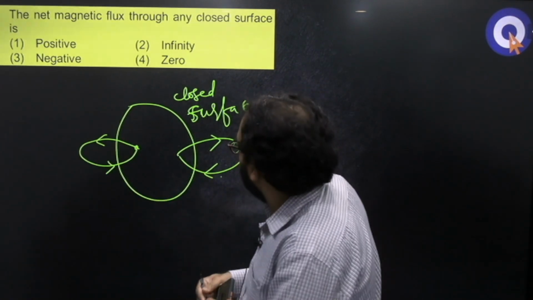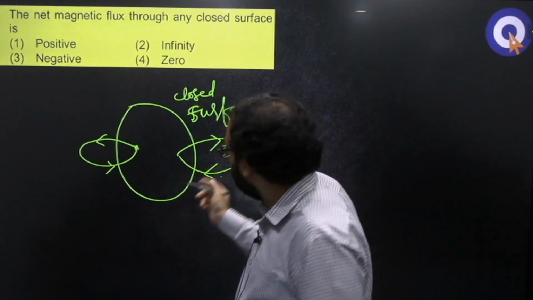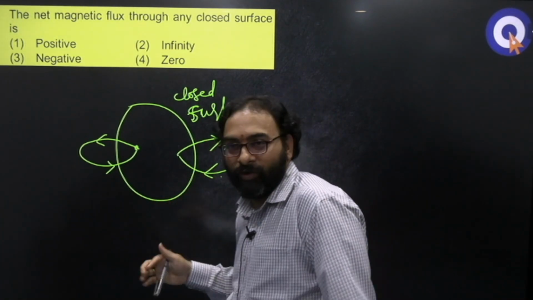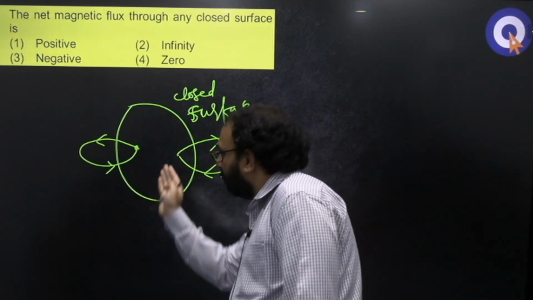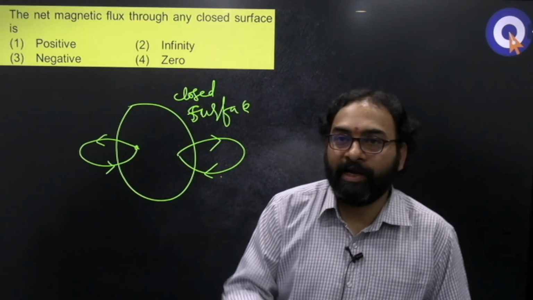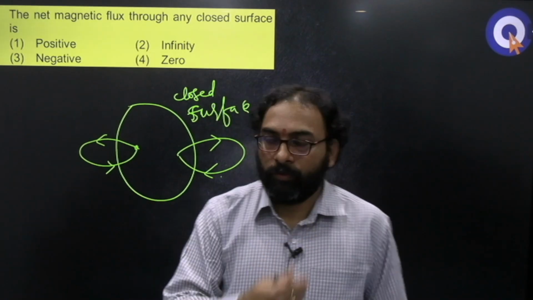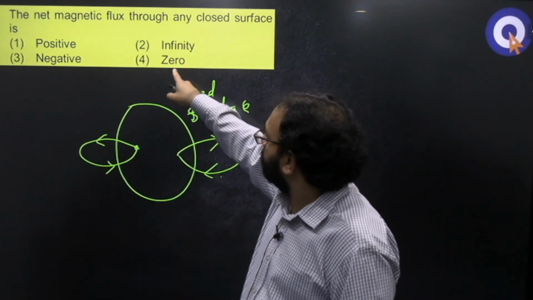So what are we supposed to conclude finally here? The inward flux, the number of magnetic lines entering in, is equal to the number of magnetic lines of force leaving out. So net flux will be 0.